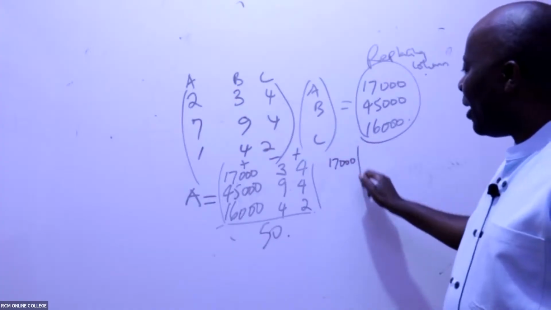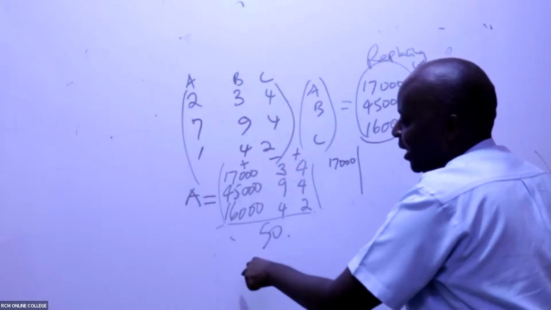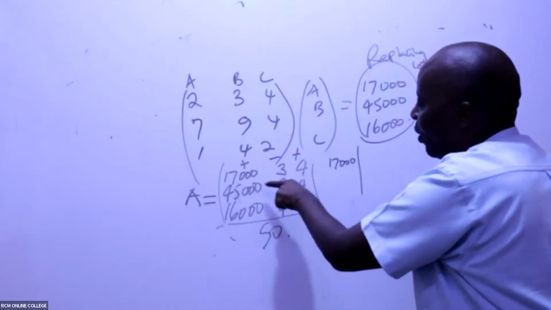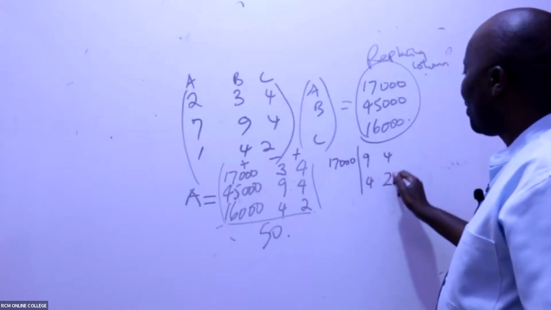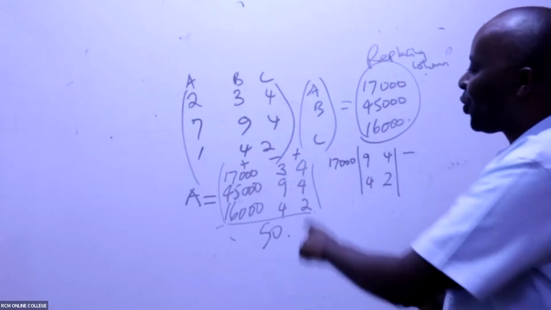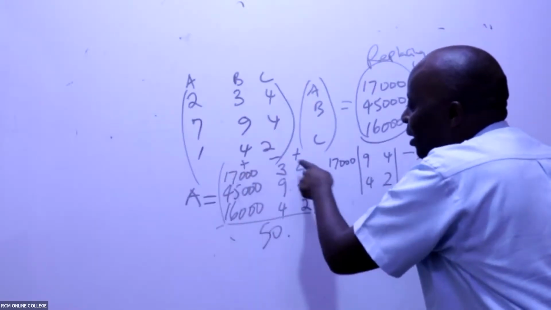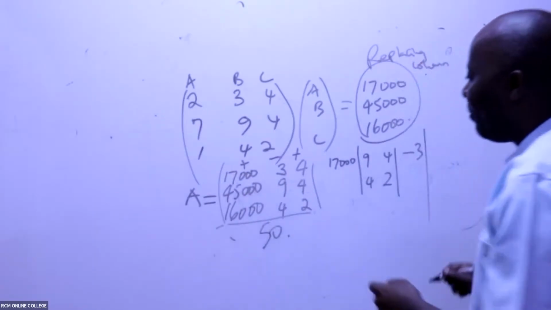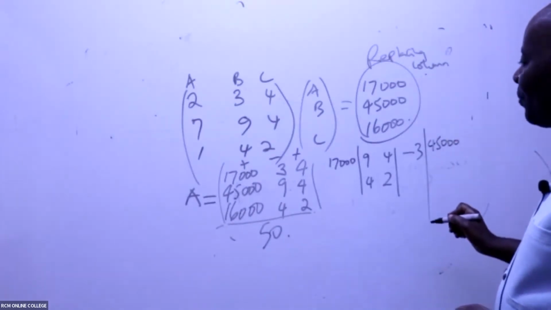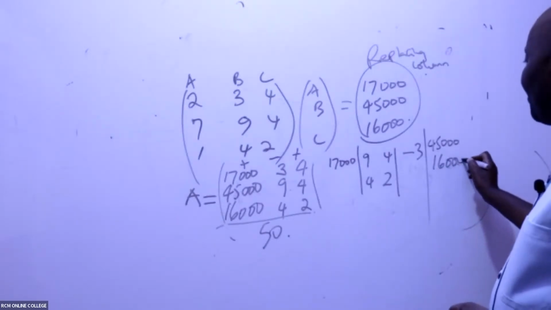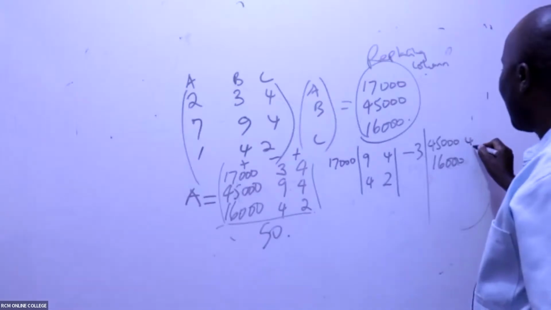Then we are doing our abracadabra, hiding that 17,000, hide and seek. Inside here we'll have 9, 4, 4, 2, like that. Then we say minus 3, hide and seek. So I'm hiding this, I'm hiding that, and I'm able to see the numbers that will be left out: 45,000, 16,000, and 4, 2 there.